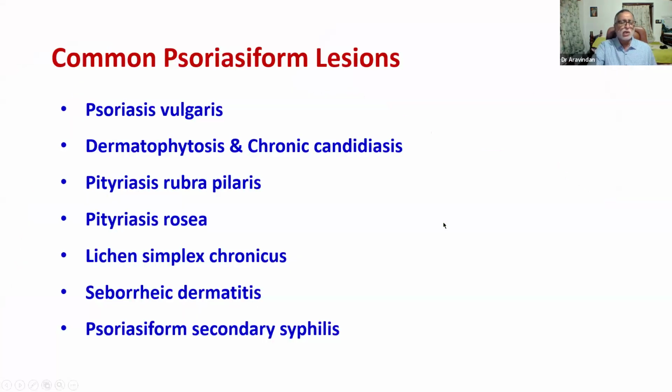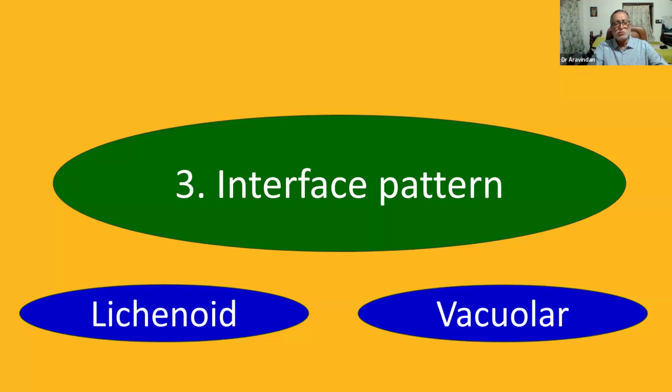So here are some of the psoriasiform conditions: dermatophytes, pityriasis rubra pilaris, pityriasis rosea, lichen simplex chronicus, and seborrheic dermatitis. I won't go into the details of all of this. Each of them may have a clue to the diagnosis. Like for seborrheic dermatitis, around the follicular ostia, there may be parakeratosis, follicular lipping it is called. Such clues may be there in each of these. You can read up on that.